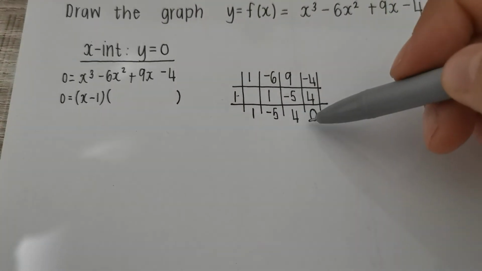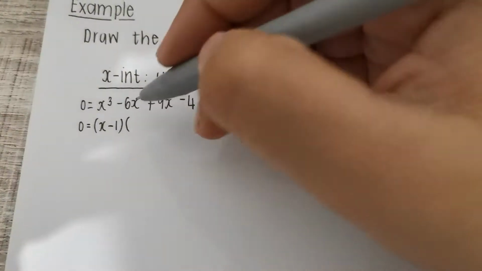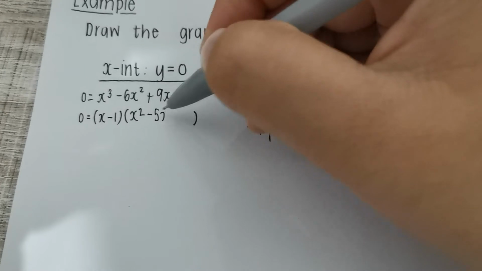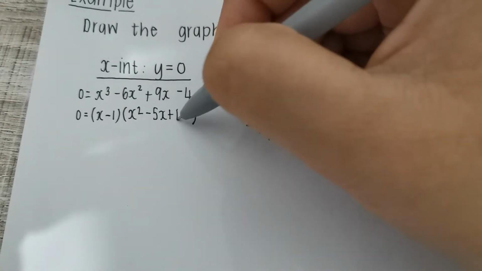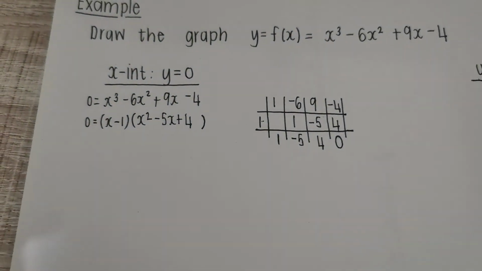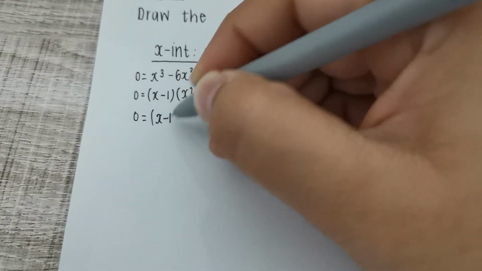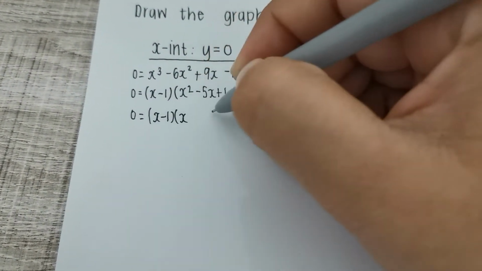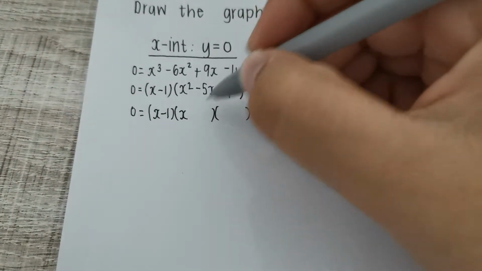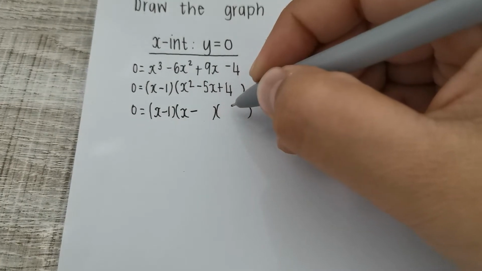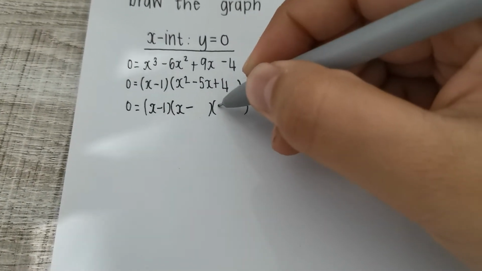That means these are the coefficients of that quadratic. Now you can factorize this either using the quadratic formula or using your grade 9 knowledge of factorization.